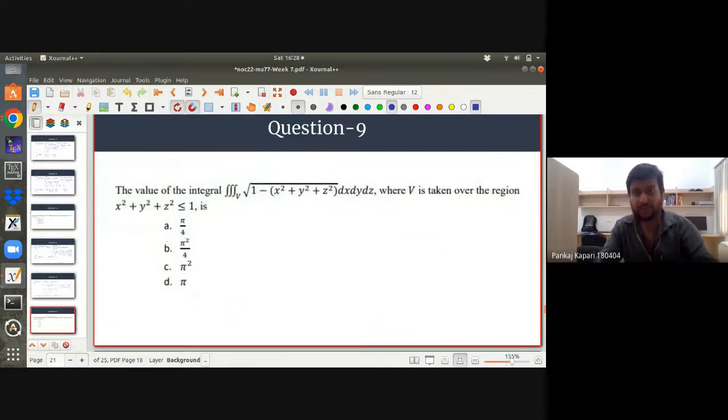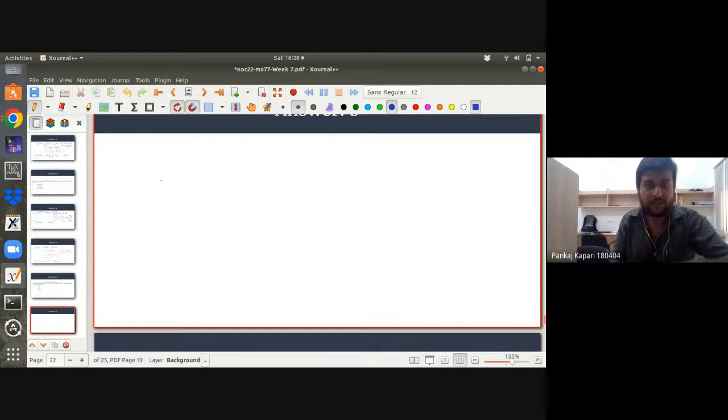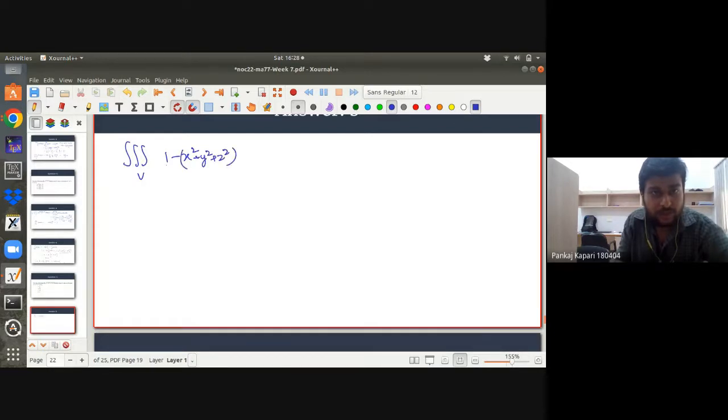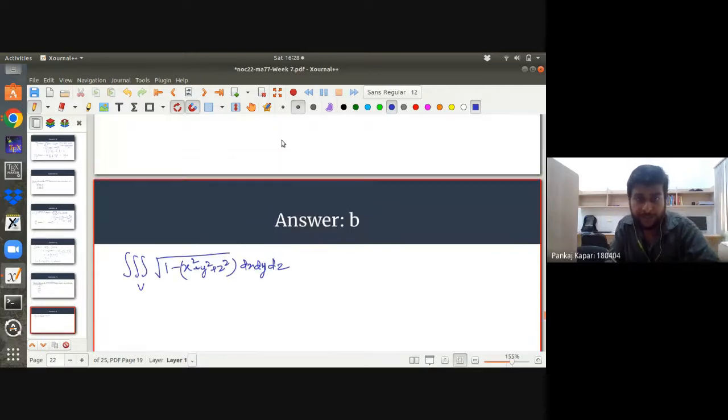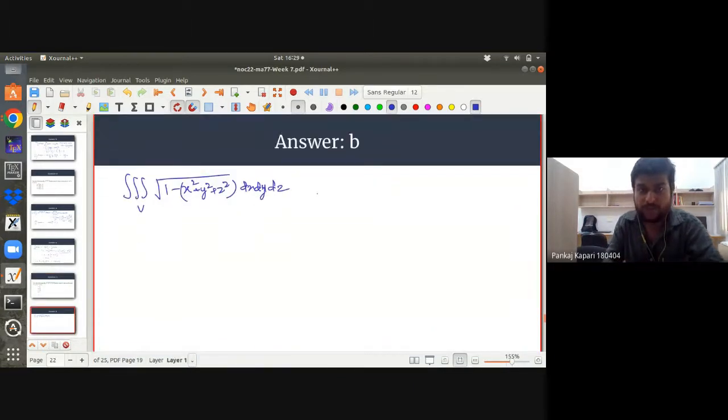Okay, so let's move to the next problem. That is again a similar kind of problem. All these problems are similar, I think. The integral of 1 minus the square root of x square plus y square plus z square, dx dy dz. Again, the volume is a sphere of radius 1.